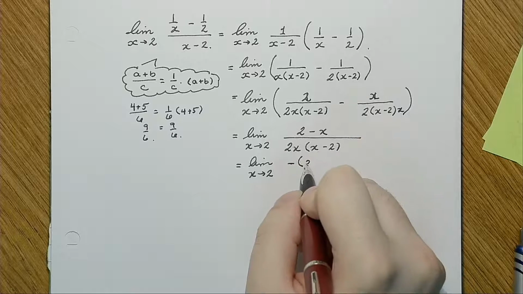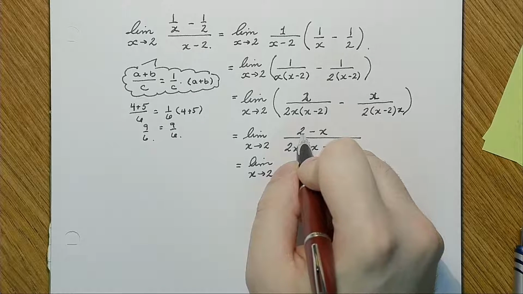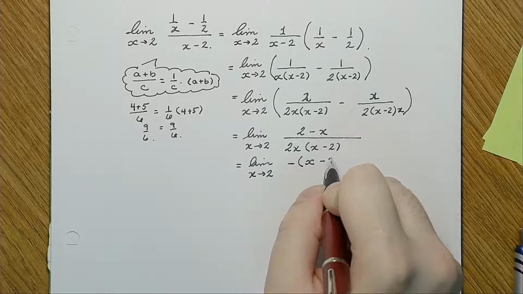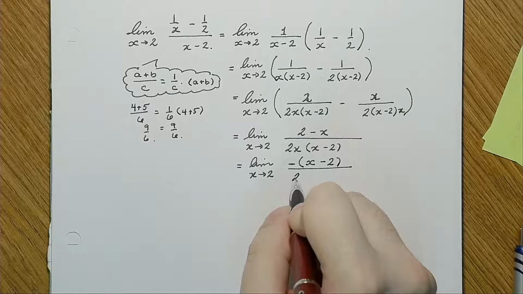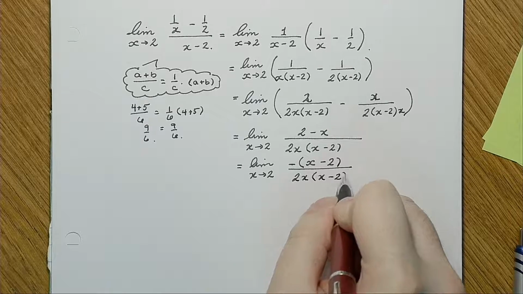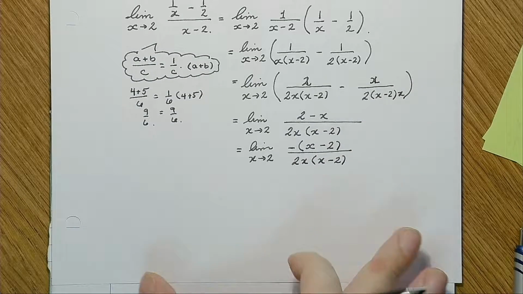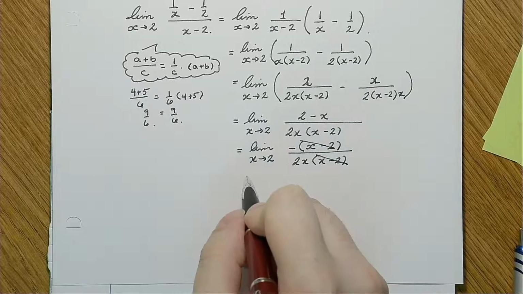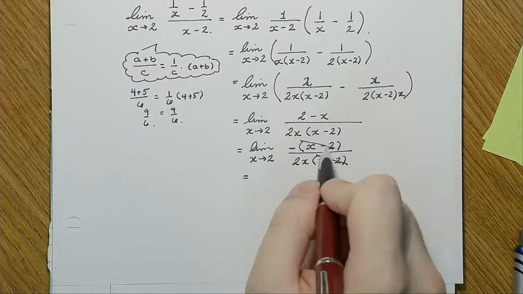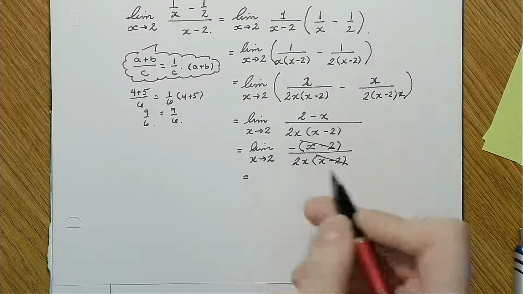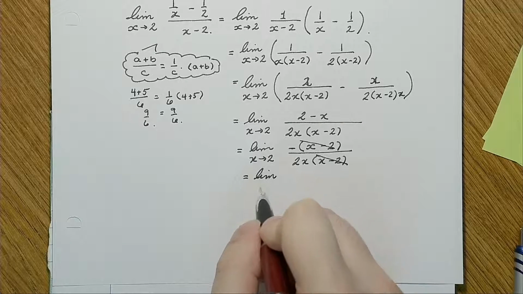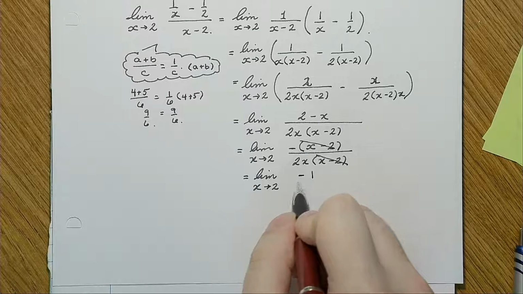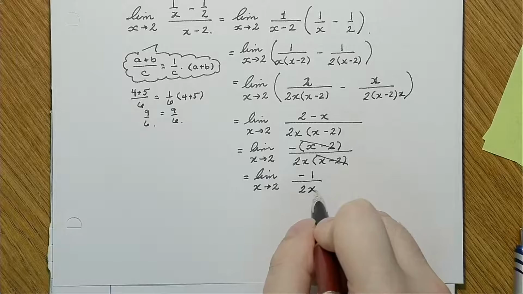That becomes positive now. And that 2, that's the positive 2, becomes a minus 2. This cancels. Right? I'm allowed to do that because I'm multiplying everything, so I can cancel that. And I'm left with 1 over 2x.